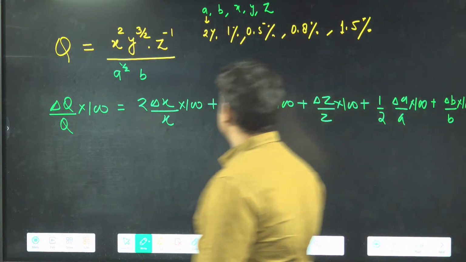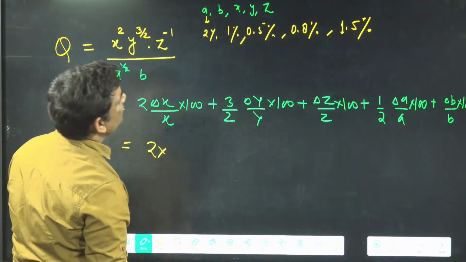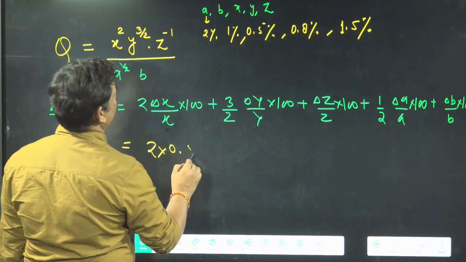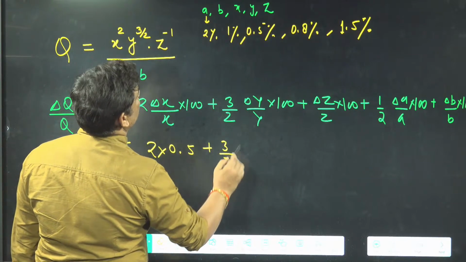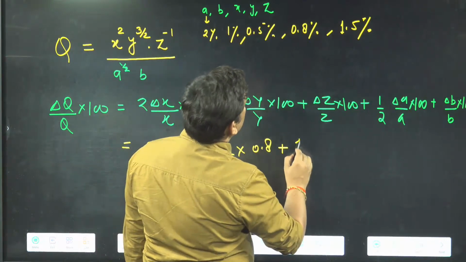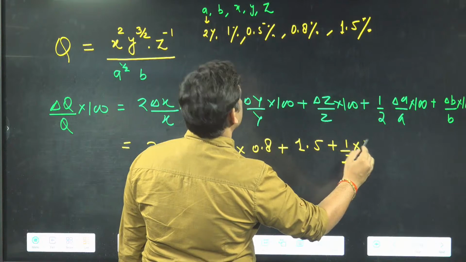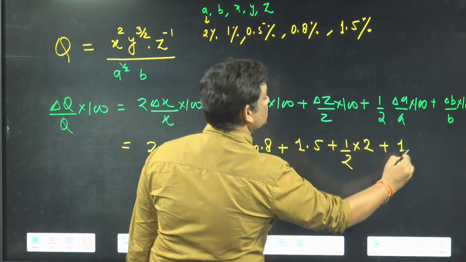You can just put the values here. So 2, x is 0.5, plus 3 by 2, y is 0.8, z is 1.5, plus half delta a is 2, plus delta b is 1.